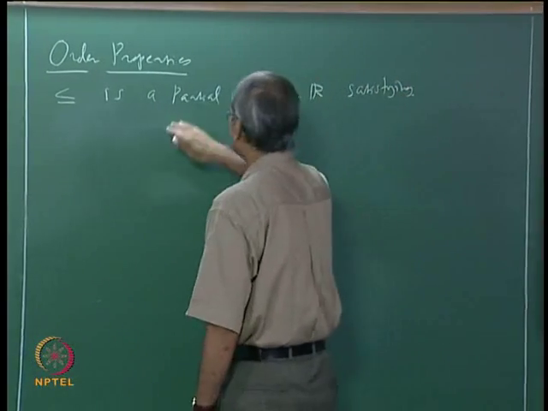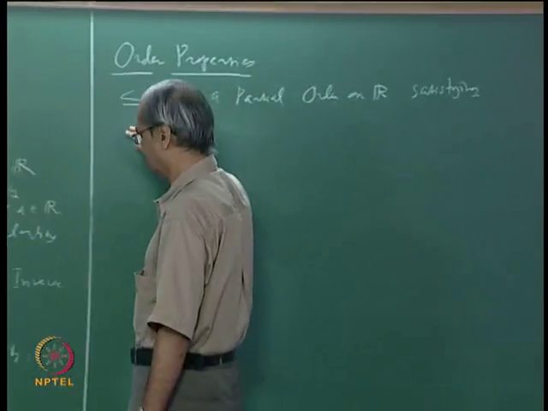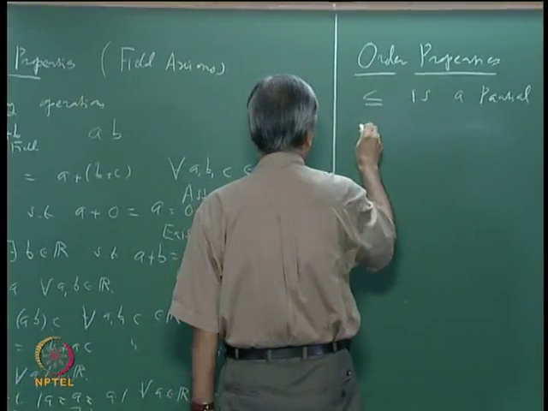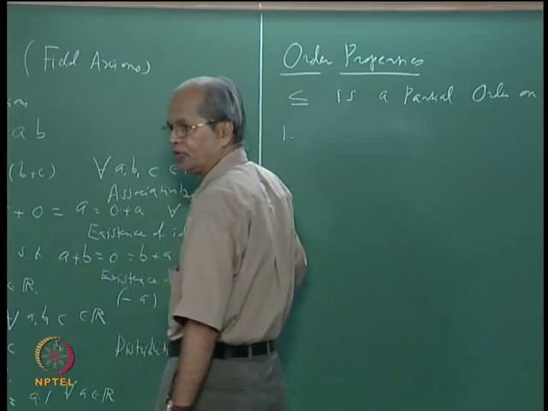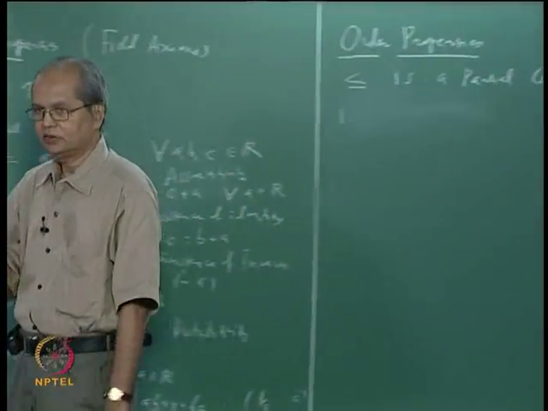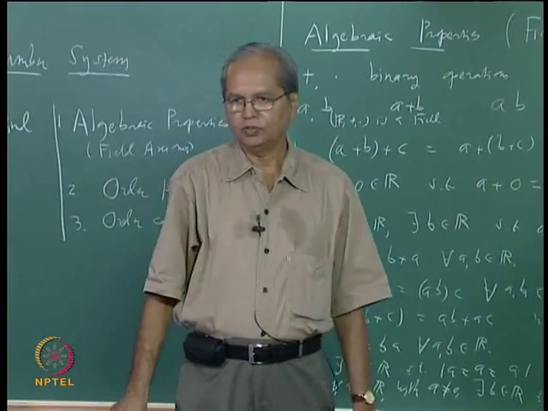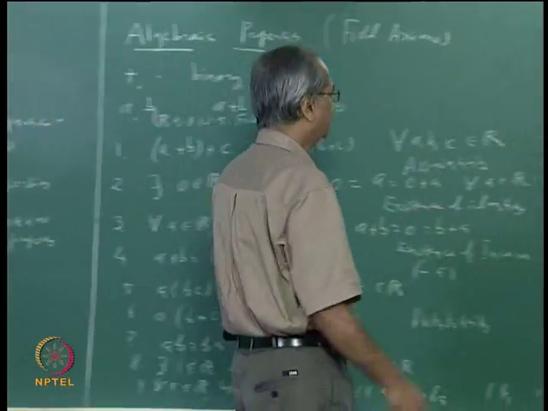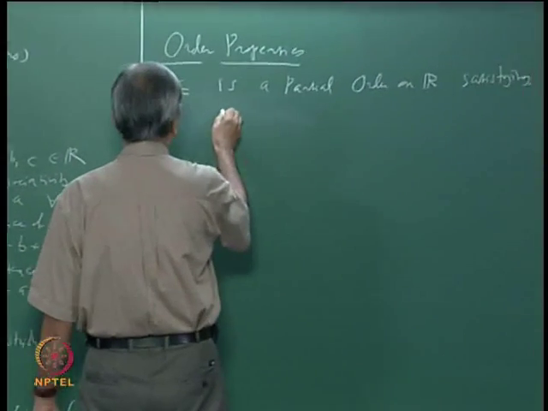In fact, I could have said here itself a total order, but let us go in a systematic way. First of all, this partial order is a total order. That is, given any two A and B in R, either A less than or equal to B or B less than or equal to A. So we can say that this less than or equal to is a total order.